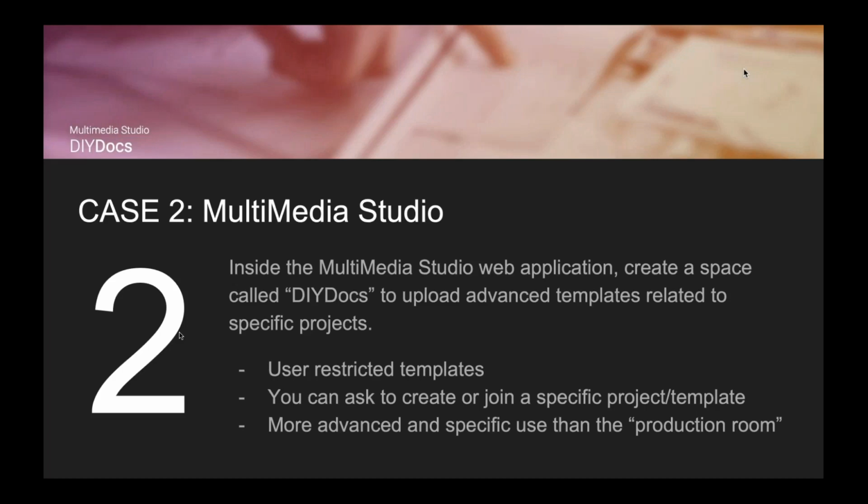So the three most important parts were to use a restricted template, where people can ask to join or not, and a more advanced and specific use than the production room we saw before.